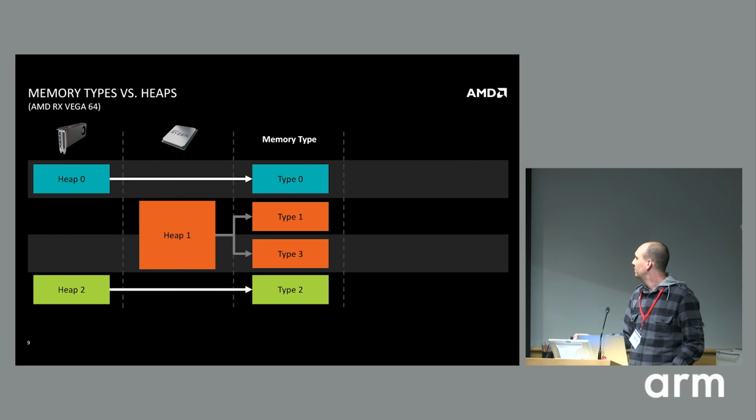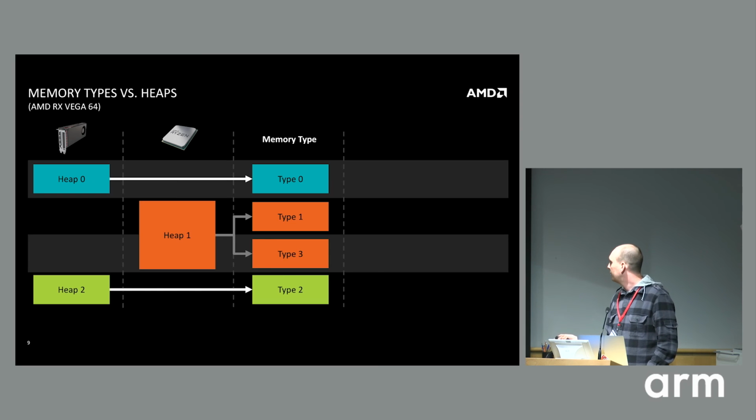So on this slide, this is for an RX Vega 64. And this is on PC Windows. Everything I'm talking about is mostly PC Windows. We have 3 heaps here. 2 of them are in this column on the left, which is the graphics memory VRAM column. So 2 of the heaps are in VRAM, and we've got 1 heap here, which is in host memory or system RAM.